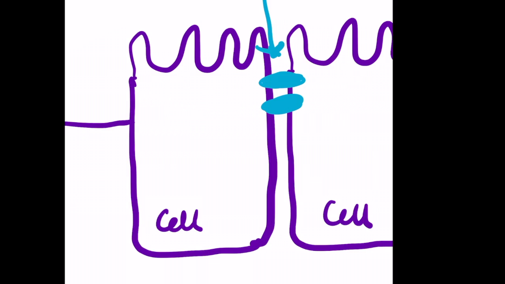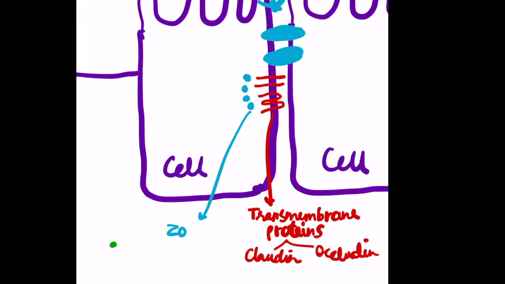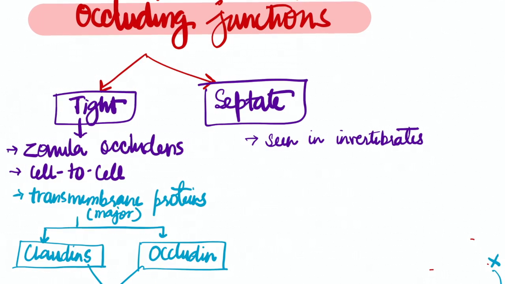And when we talk about an individual cell's tight junction, these are the transmembrane proteins, which could be claudin or occludin, and these further associate with intracellular peripheral membrane proteins, which are called ZO proteins. ZO proteins further stabilize this junction by interacting with actin filaments.